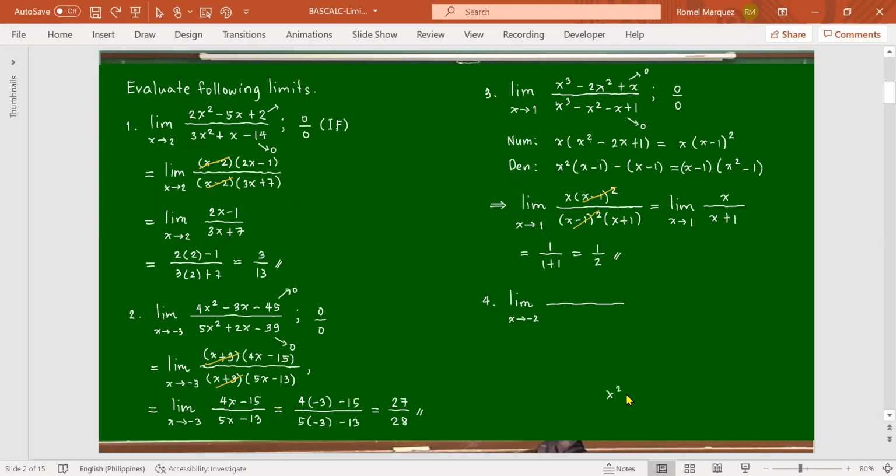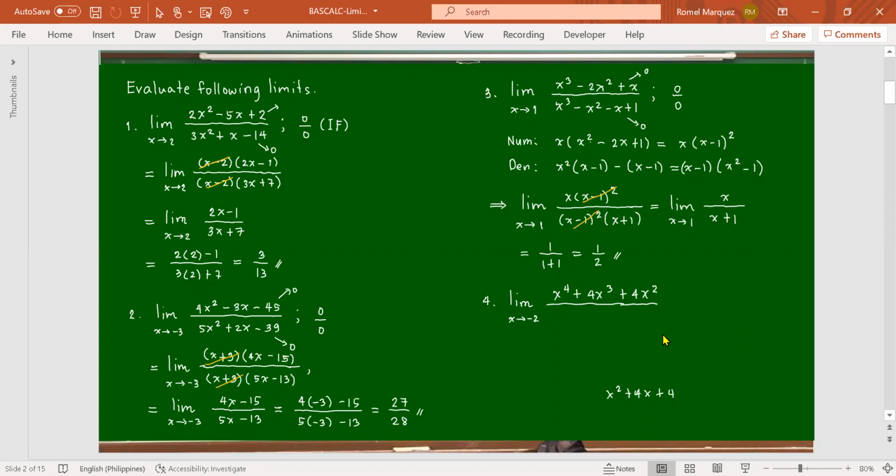Kaya ibig sabihin, x squared minus 4x plus 4. 0 yan dyan, di ba? 4 minus 8 plus 4. Gusto ko siya i-times ng x squared, so x to the 4th plus 4x cubed plus 4x squared.